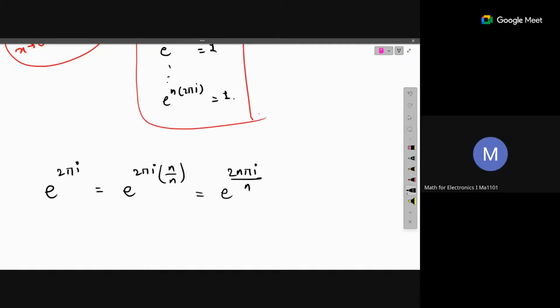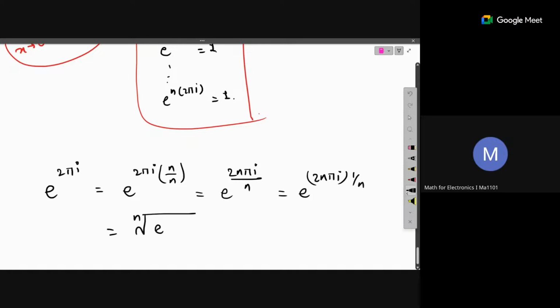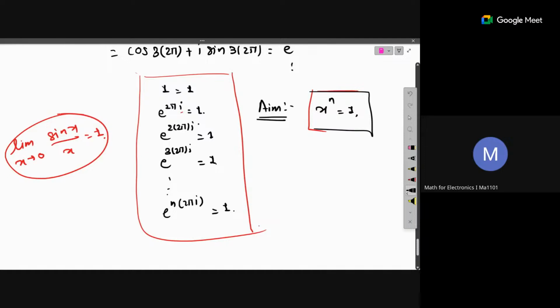But we know that this is the same as e to the power 2 n pi iota multiplied by 1 by n. Any number to the power 1 by something, we can take as the nth root, so nth root of e to the power 2 n pi iota. We can replace this with the nth root of 1, because any power of 1 will become 1 only.